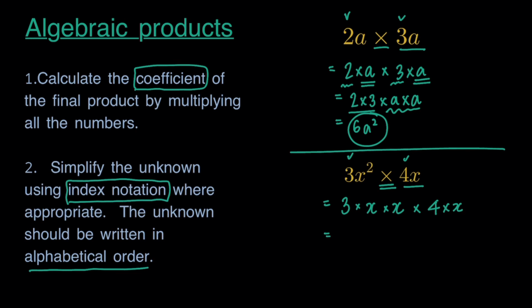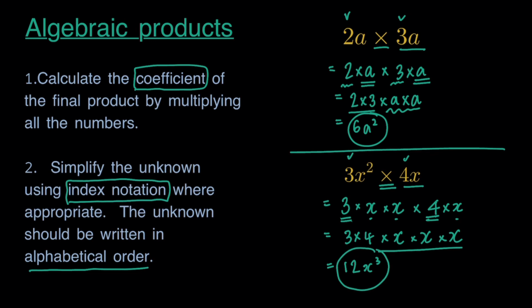Then write your numbers together, so the 3 and the 4, 3 times 4, and the x's, 1, 2, 3. So write times x times x times x. Then calculate. 3 times 4 is equal to 12. X times x times x is x to the power of 3 or x cubed. So 12x cubed is the answer.